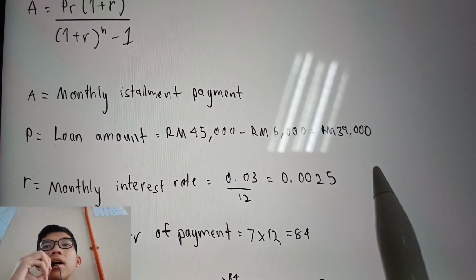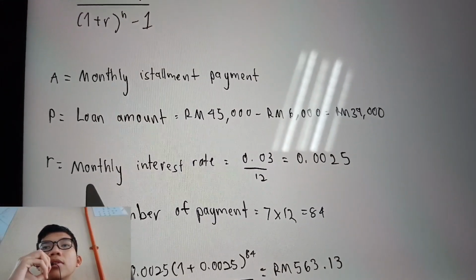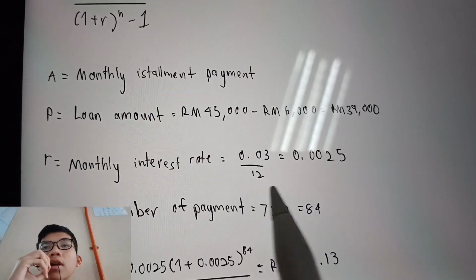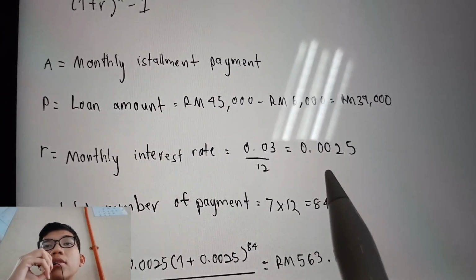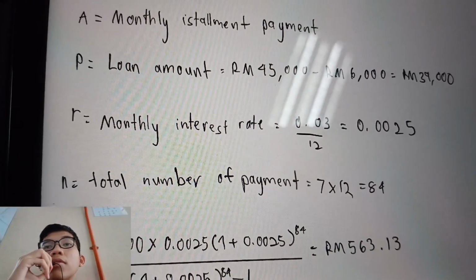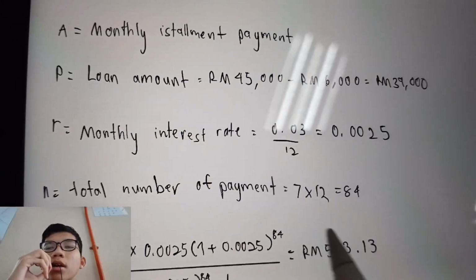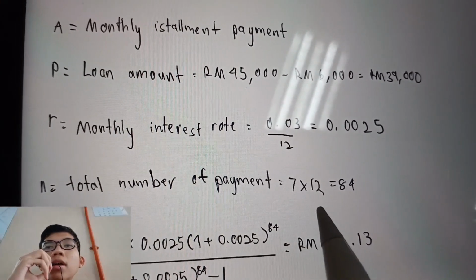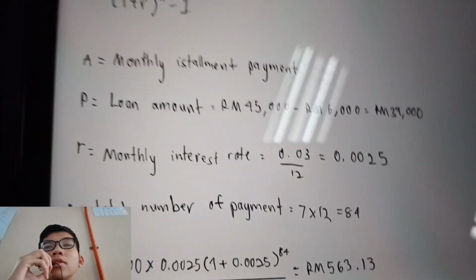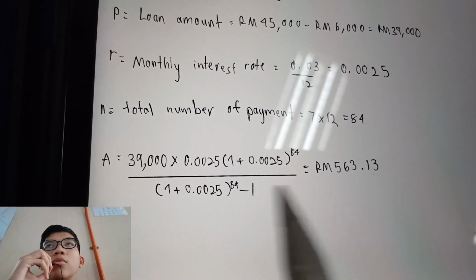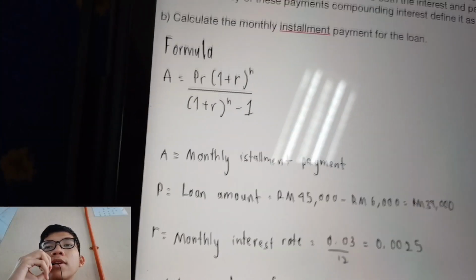R is the monthly interest, which is 0.03 over 12, which is 0.0025. N is the total number of payments, which is 7 multiplied by 12 and equals 84. We put all these A, P, R, and N into the formula, and we get RM563.13.